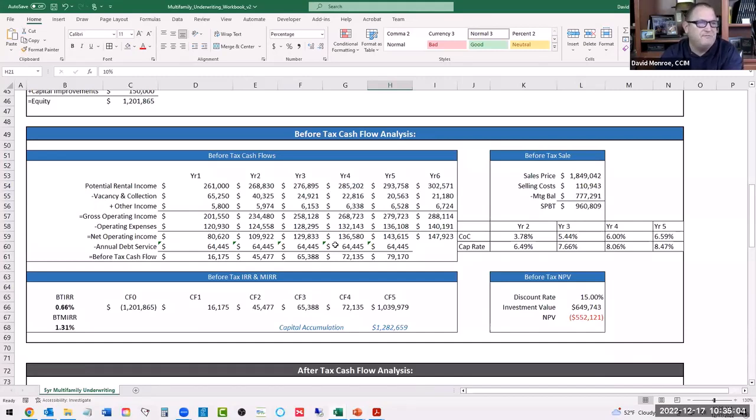If I reinvest those cash flows at 10%, then I will have accumulated in capital. You can see it cost me $1,201,000. I will have accumulated $1,282,659 by the end of year 5. That does not include the sale proceeds. That's just reinvesting at these cash flows.